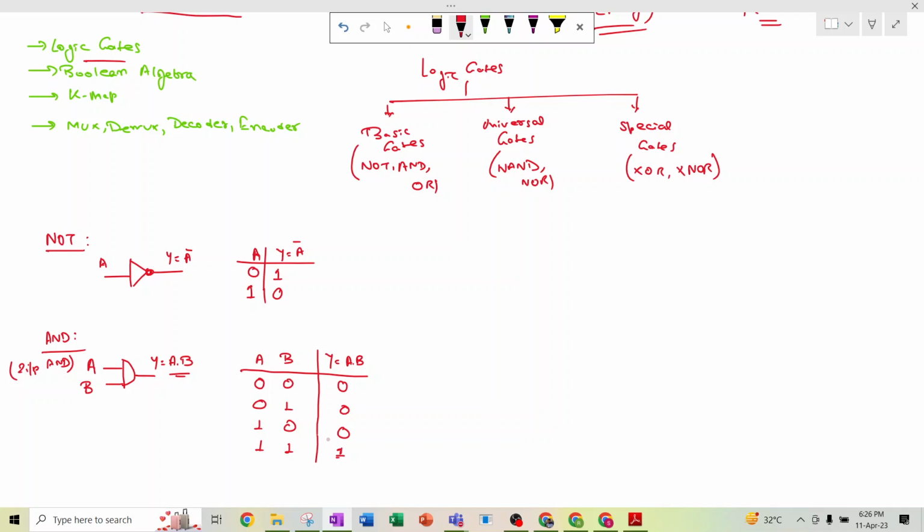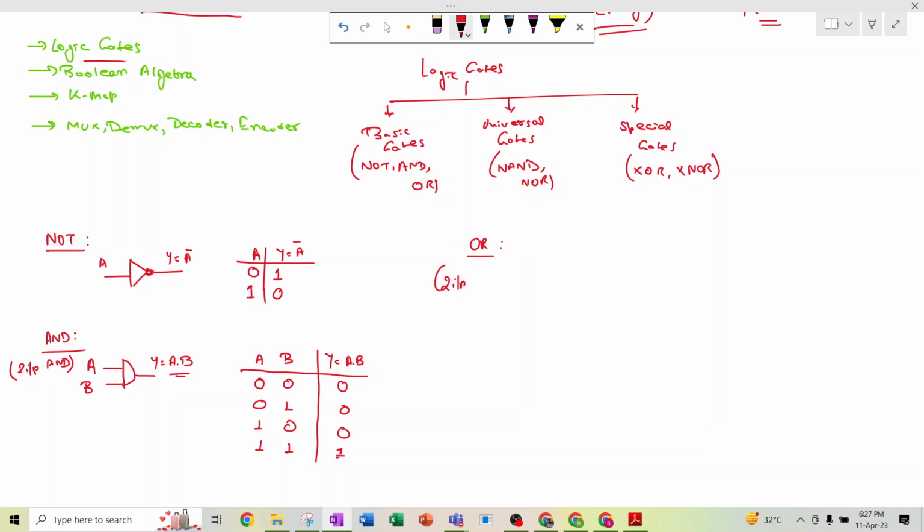Here B is 0, output is 0. But when both A and B are 1, the output will be 1. This is the basic AND gate. We can also extend this logic for several inputs, such as an n input AND gate.